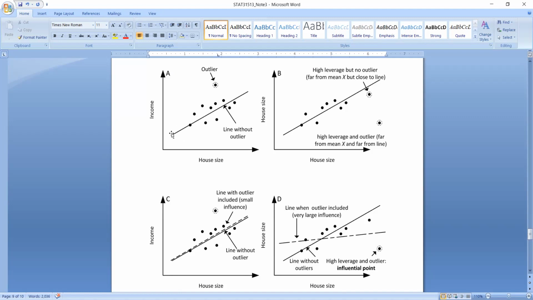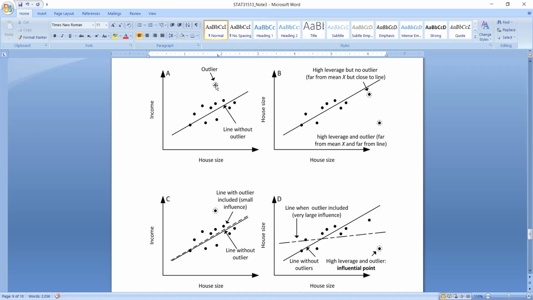And if you look at the second graph and at this point, this observation is also having a high leverage value, but it's not an outlier, because it's far from the mean, but it's very close to the fitted regression line.